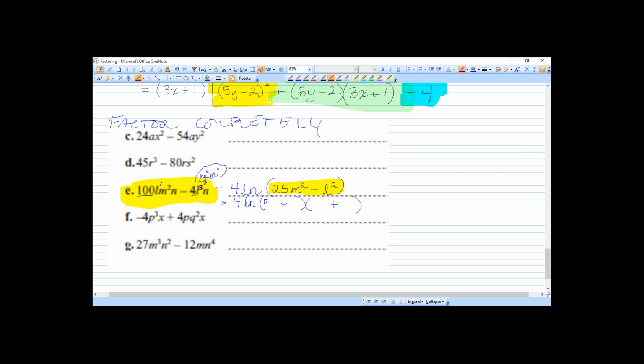What's the square root? 5m and L. Excuse me, this should be minus. I'm sorry. One's plus and one's minus. What I was thinking. 5m plus L, 5m minus L, right? And so that's the sum and the difference, right? The sum and the difference of the same two terms ends up being the difference of two perfect squares.